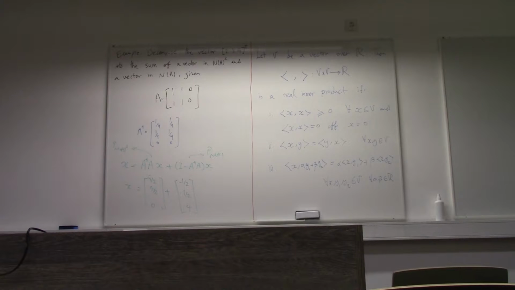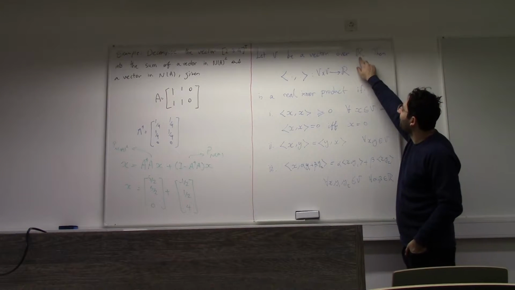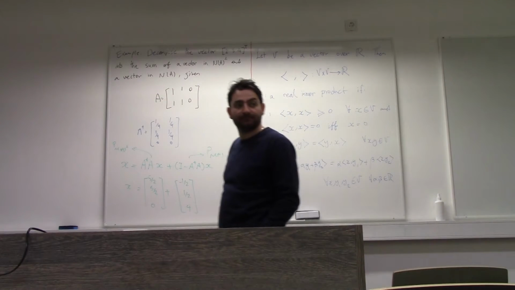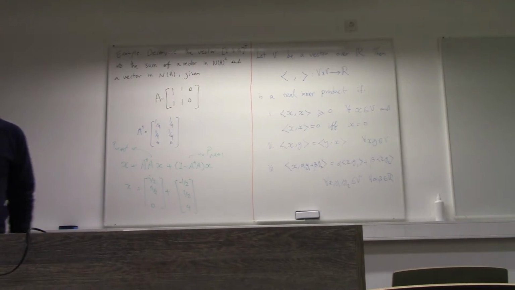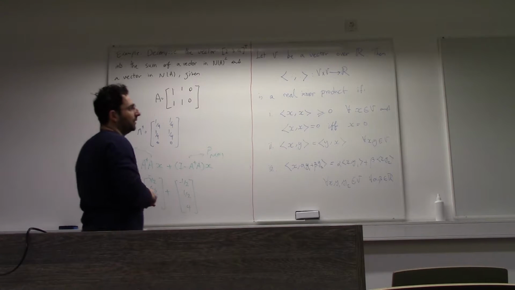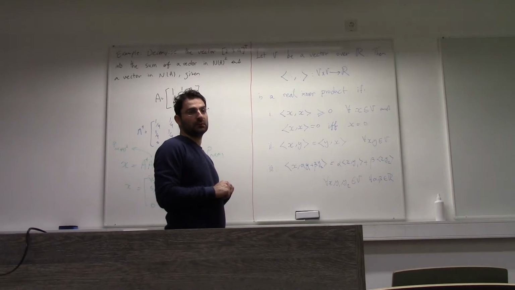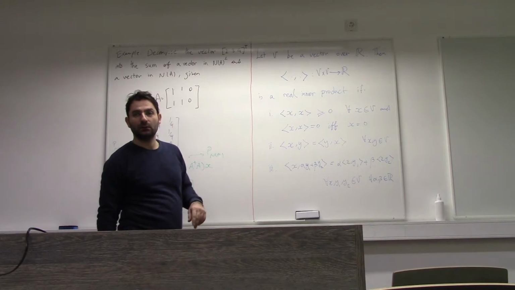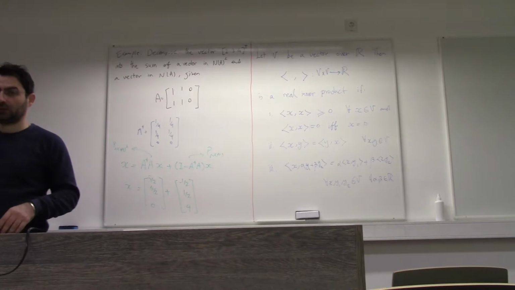And remember that we also discussed what will happen if this is over C. Here everything is in R. What will happen if they're complex numbers?